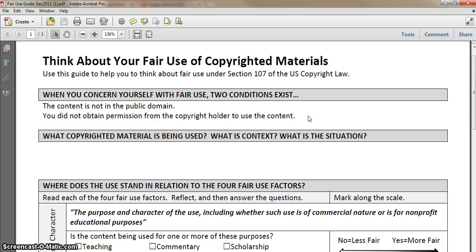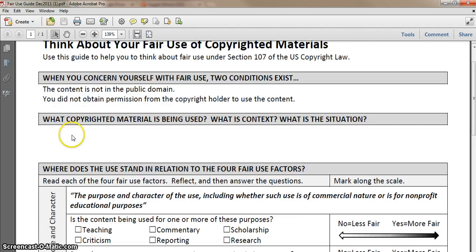And then if you contact the creator of whatever it is you're wanting to use, and they do give copyright permission, they usually tell you how it can be used and in what way you can recognize that it's their work. So if those two things have been taken care of, or one or the other, then you can move on to the next set of instructions on this matrix.